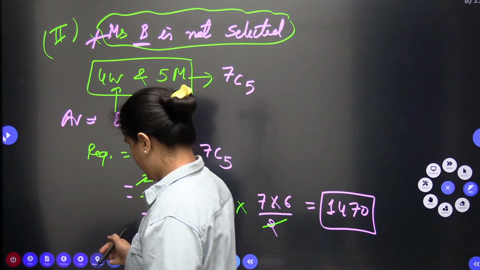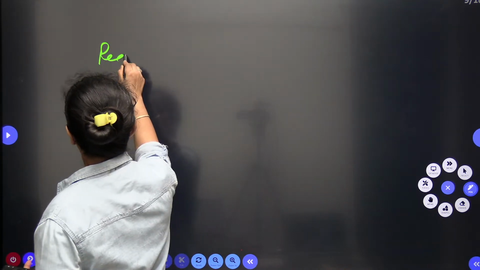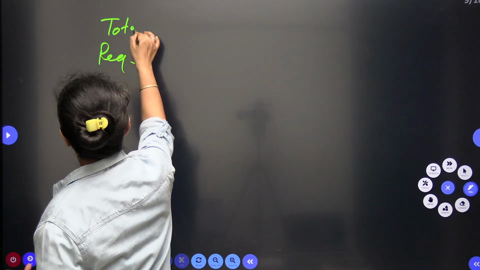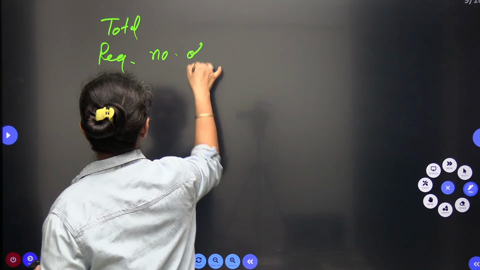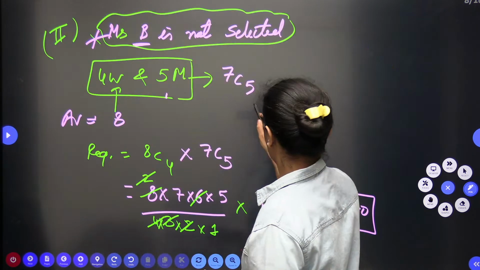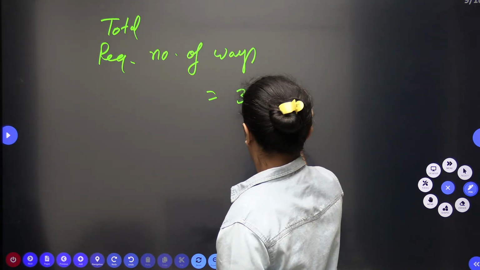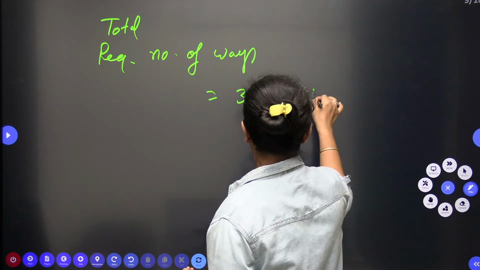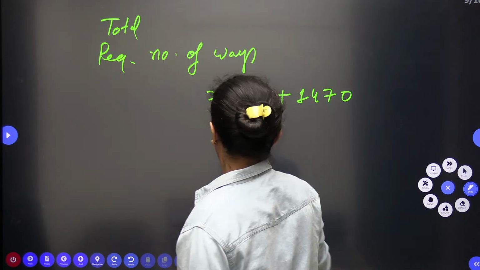So the total required number of ways will be 336 plus 1470.